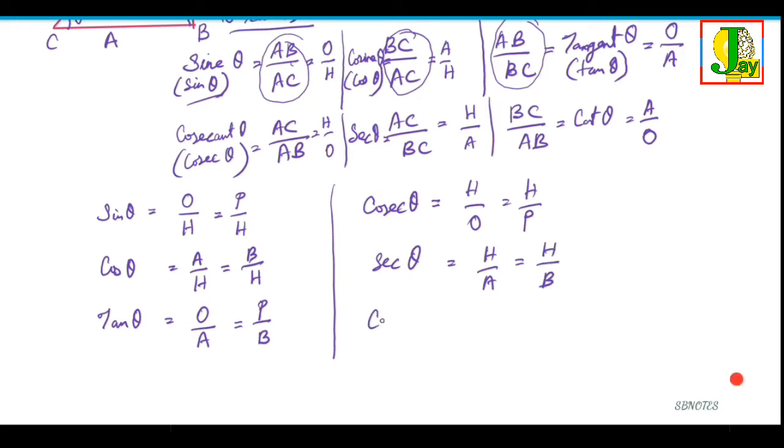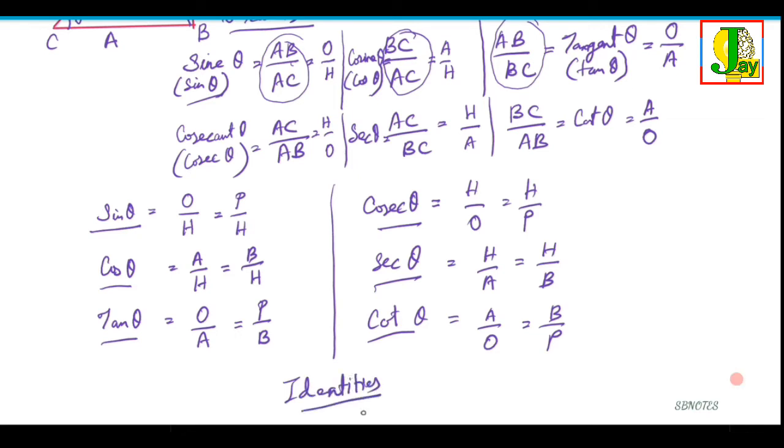And the last one, cot theta or cotangent theta, is adjacent by opposite or base by perpendicular. And there are some identities related with these ratios. Okay, so you're going to remember this.